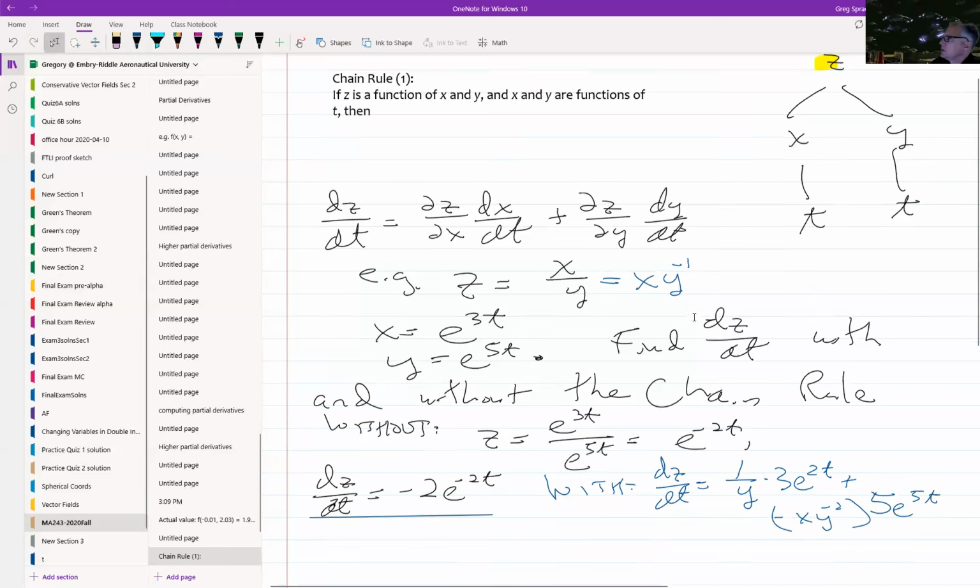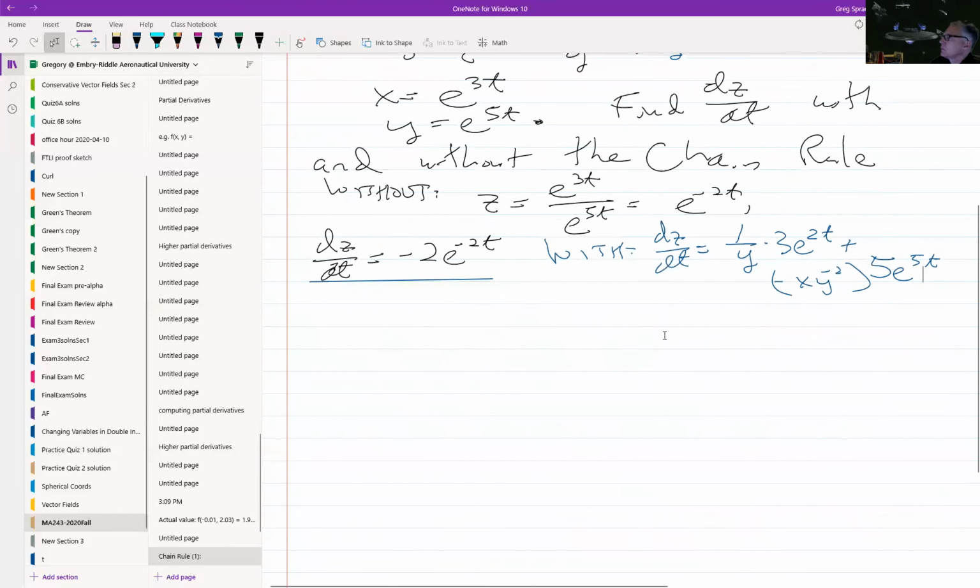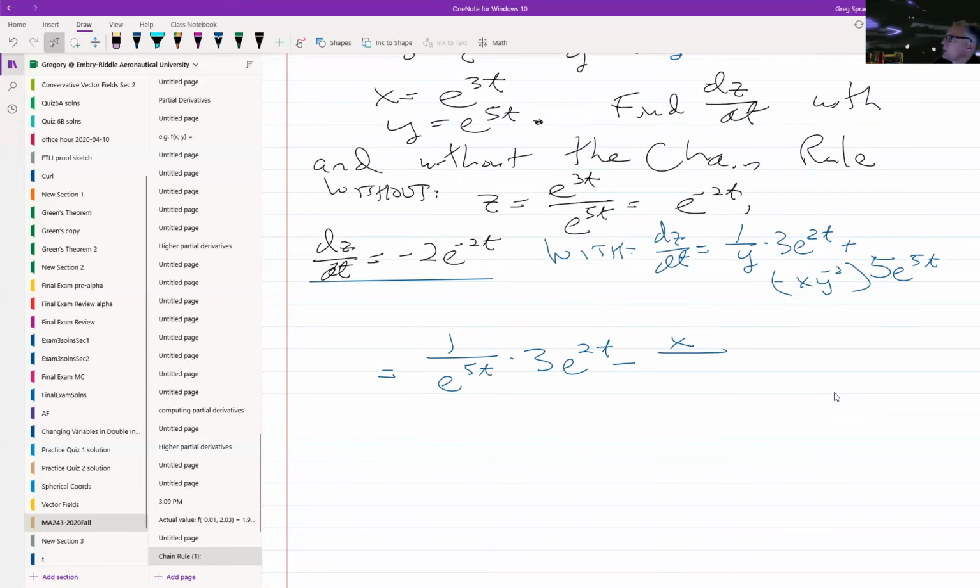Now, I should write this in terms of t alone. So I'll replace every y with e to the 5t and every x with e to the 3t. Oops, I forgot to replace the x.